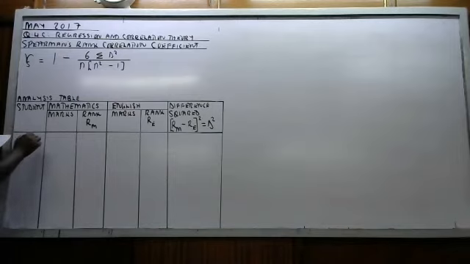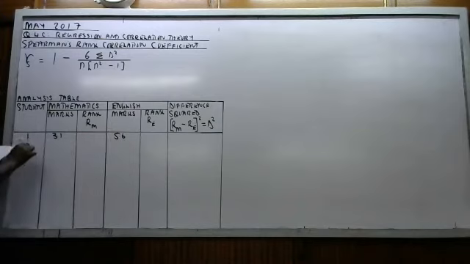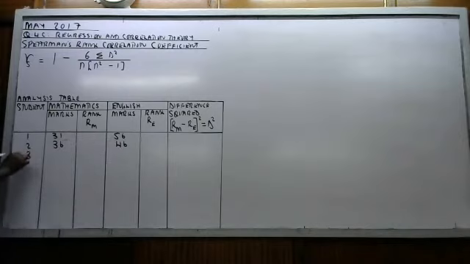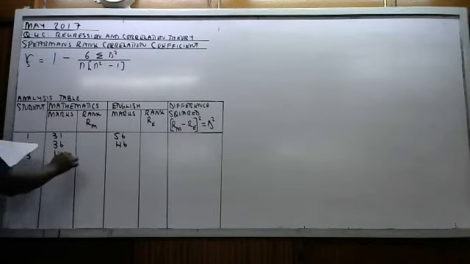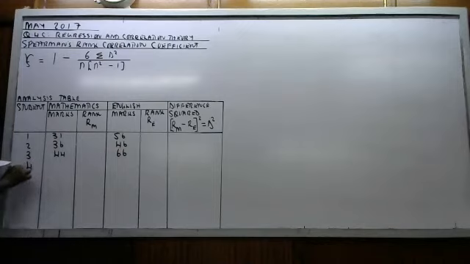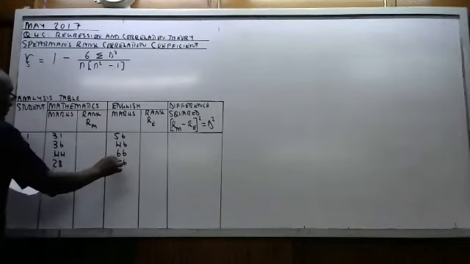So student 1, I've got 31 and 56. Student 2, 36 and 46. Student 3, 44 and 66. Student 4, 28 and 46.